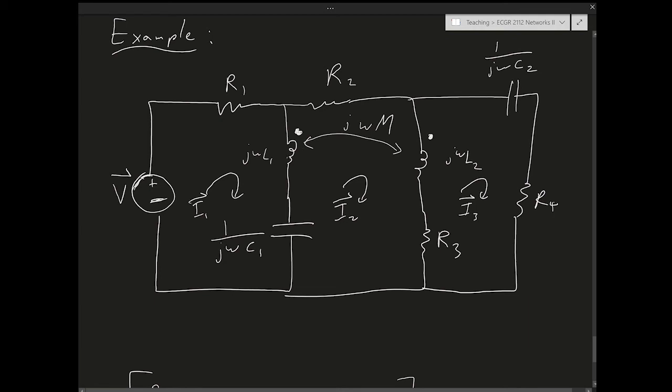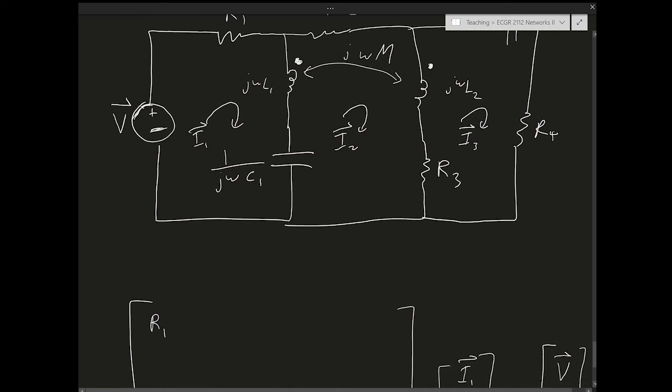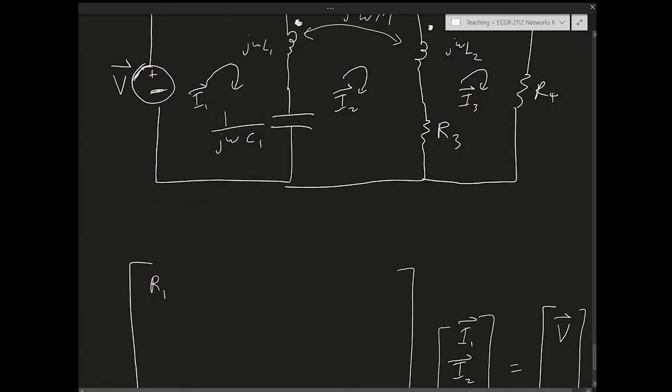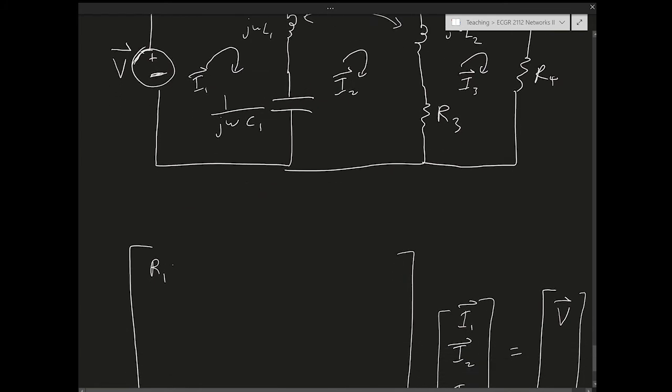times this term here. So I have this inductance. So let me start with the self-inductance. So I have I1 minus I2 times the self-inductance. I can populate this right away. Since this I1 is positive and I2 has the negative sign, I can populate this right away by plugging in plus j omega L1 here in the first spot, right?